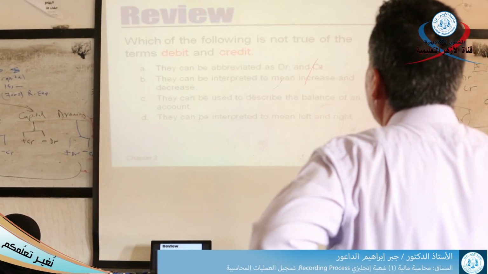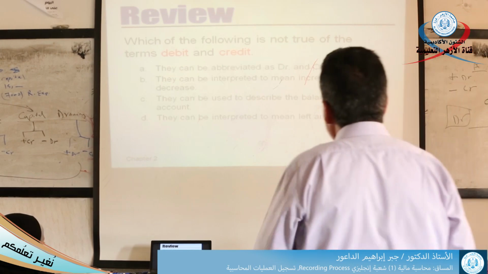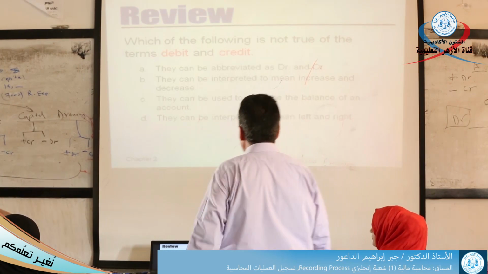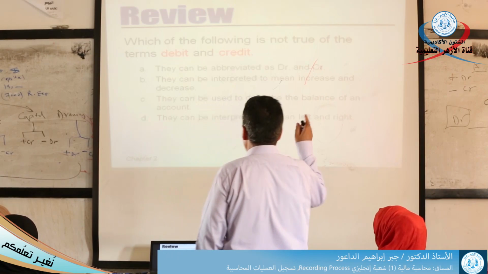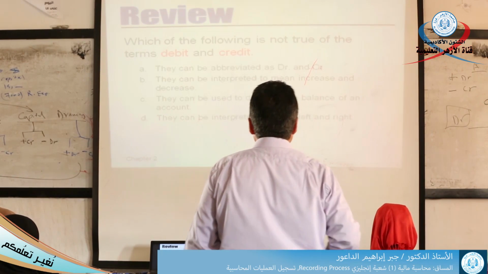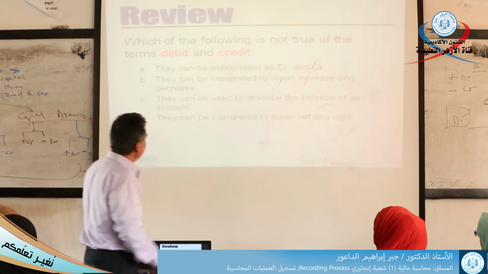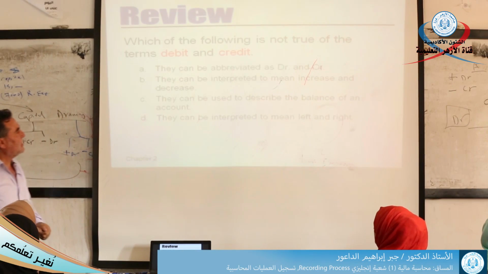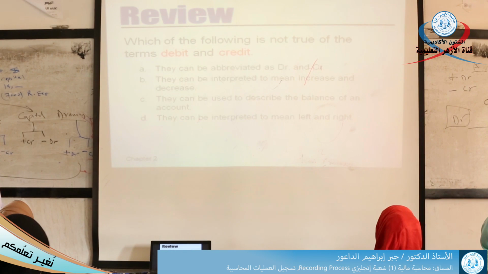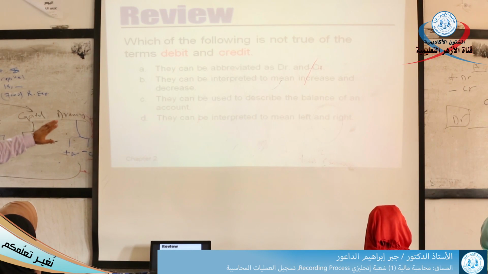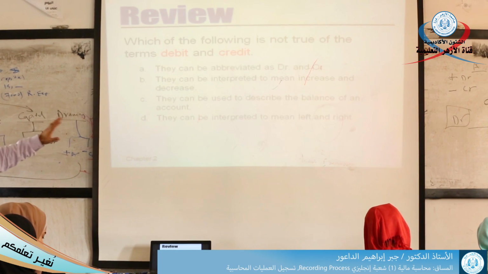They can be interpreted to mean increase and decrease. They can be used to describe the balance of an account. They can be interpreted to mean left and right. One of them is false.